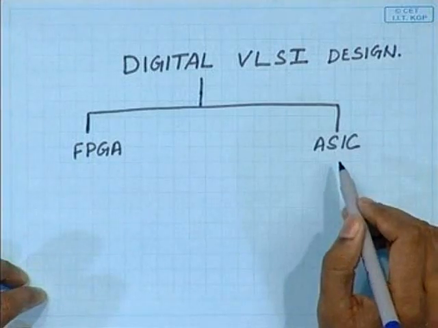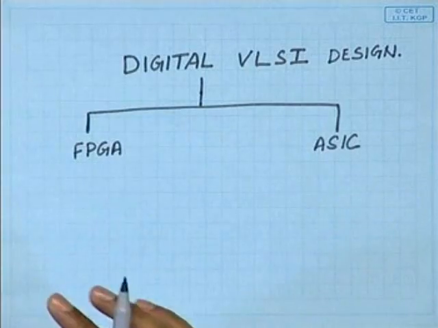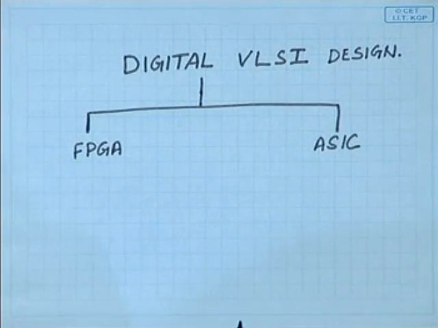So basically, in the present days, the digital VLSI design is broadly divided into two, FPGA and ASIC. The digital implementations are taken by these two implementations: one is FPGA and the other is ASIC.